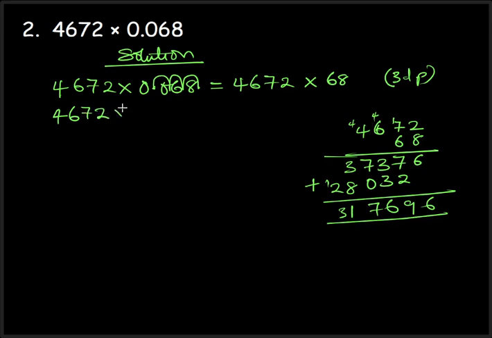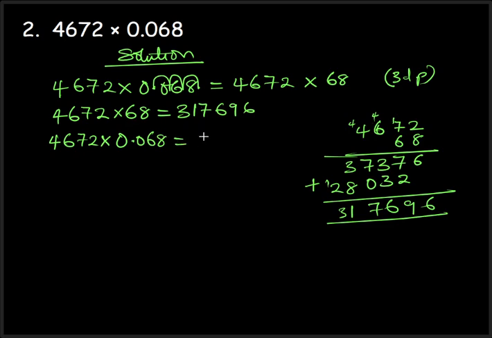4672 times 68. That's just the whole number part, it will give us 317,696. And now if we are to get the final answer for the decimal, that will be 4672 times 0.068.